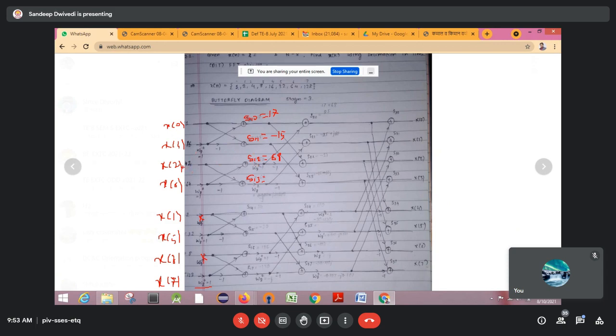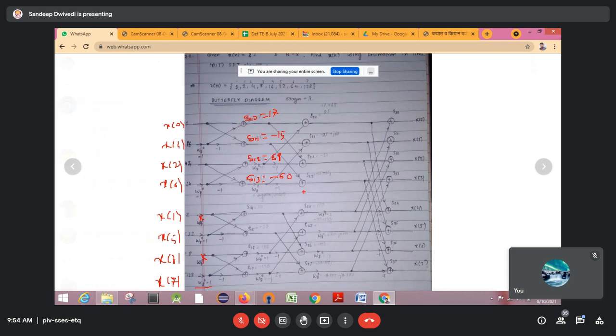So this will be x of 2 plus x of 6, which is 68. And this one will be simply x of 2 minus x of 6 into twiddle factor into minus 1, so this will be 4 minus 64, which is simply minus 60. Please check it.